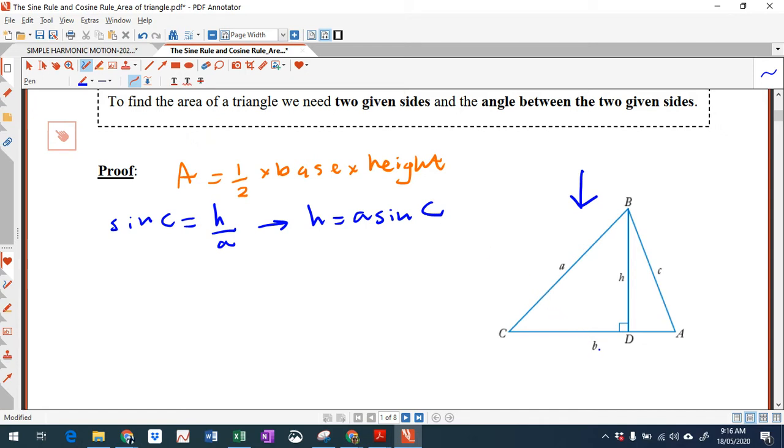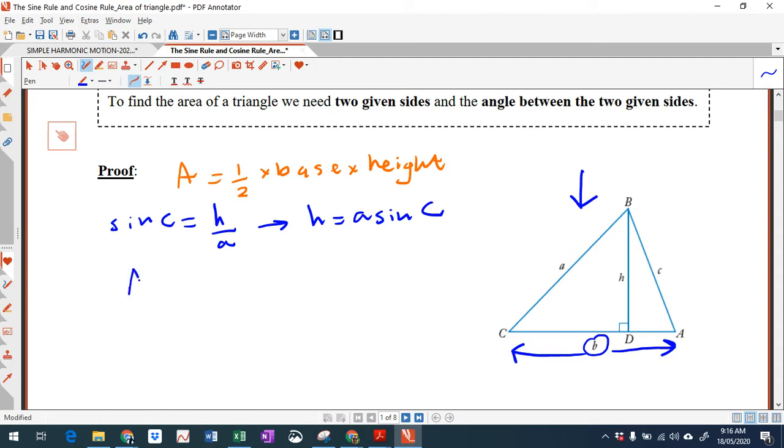Okay, now in this triangle, the base is this length here. We're going to call it AC. In actual fact, we're going to call it B. So B is the whole base of this triangle.